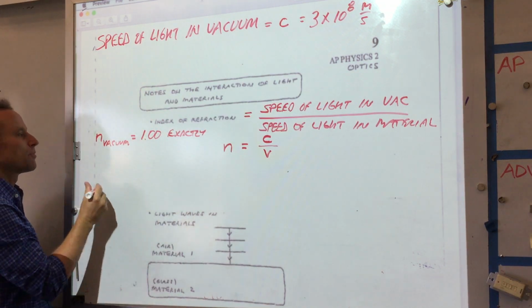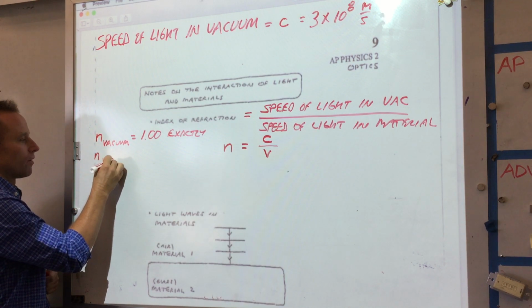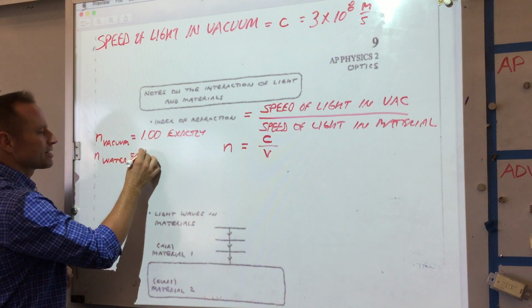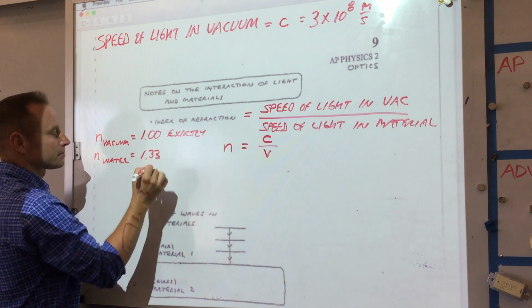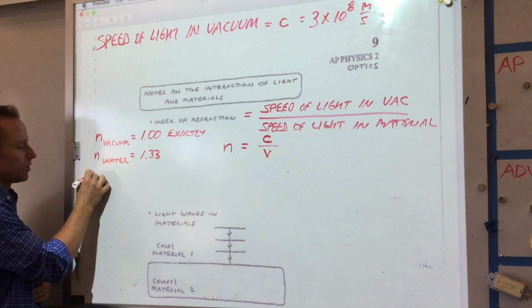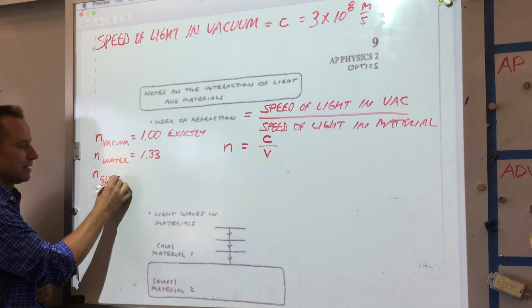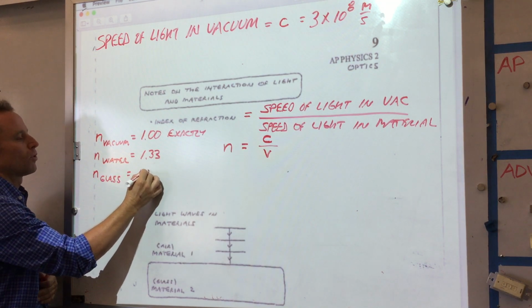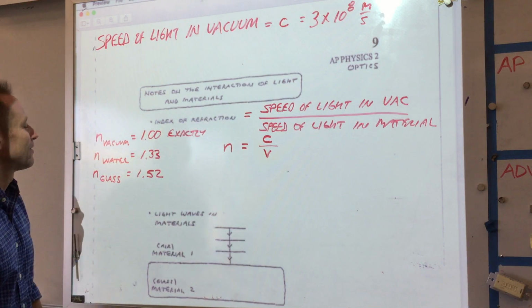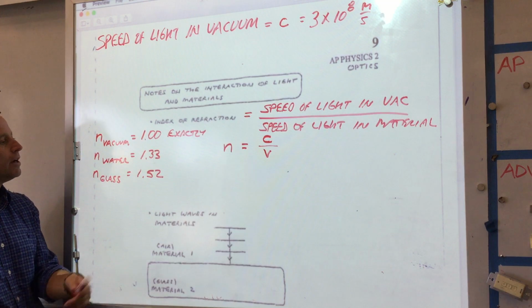Just a couple of important examples. We'll talk about water. We'll have light going through water a lot in examples that we look at. Water is about 1.33. A couple other interesting materials that we'll use a lot: the index of refraction of glass is 1.52. I know there's different types of glass, but I think they call it crown glass, standard glass, 1.52.